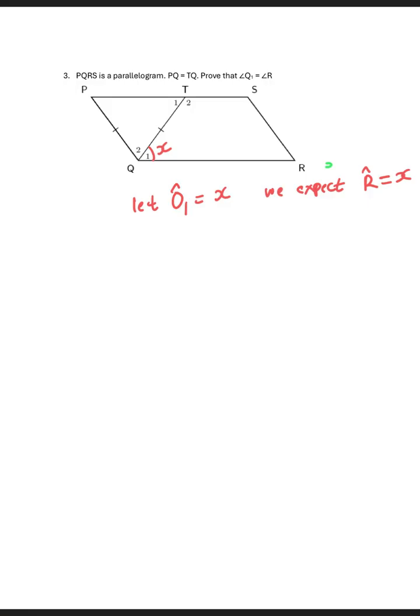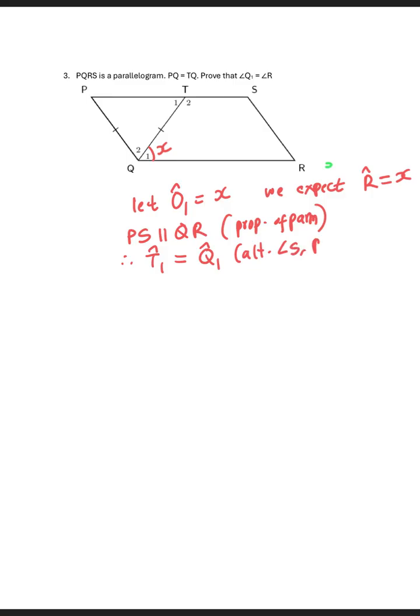So we are told that PQRS is a parallelogram. So I claim that PS is parallel to QR. Reason: properties of a parallelogram. Therefore, angle T1 is equal to angle Q1. They are alternate angles because PS is parallel to QR.